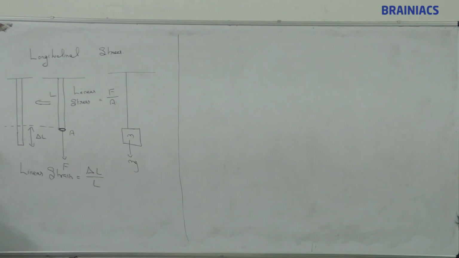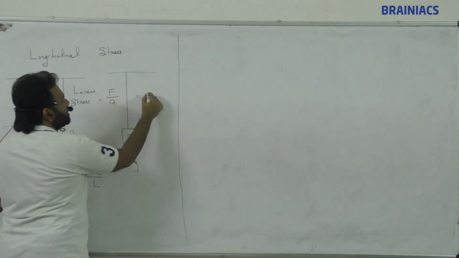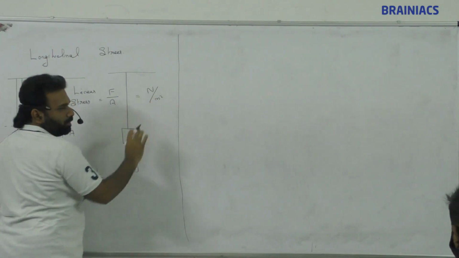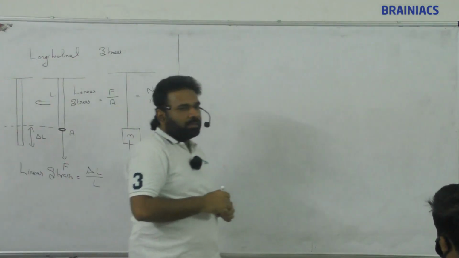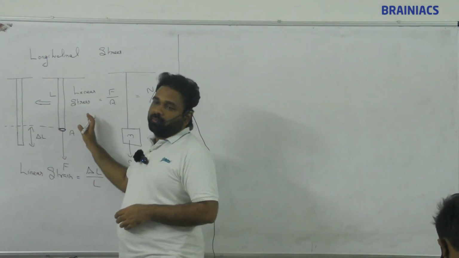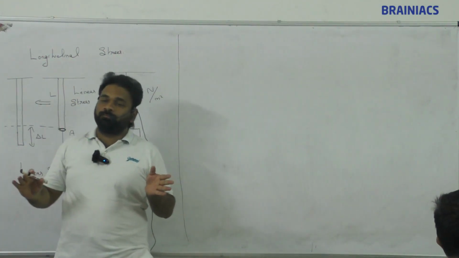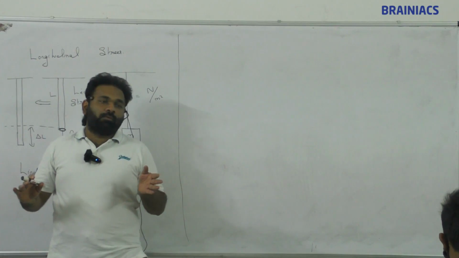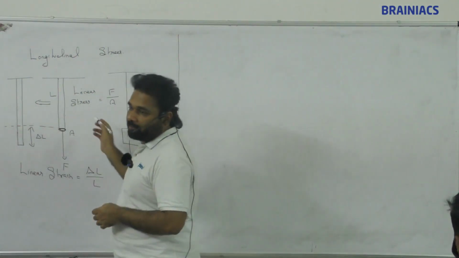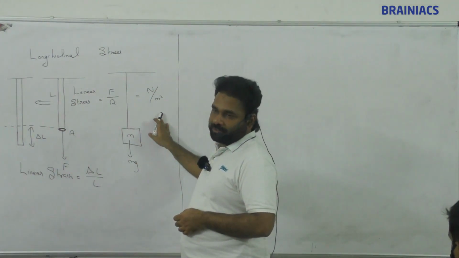As usual, this force is in Newton, and the area is in meter square. That is just like the SI unit of pressure. But we don't say Pascal, because the Pascal unit is exclusively for pressure. Even though Newton per meter square is correct as an SI unit, we don't use Pascal because this is not pressure.